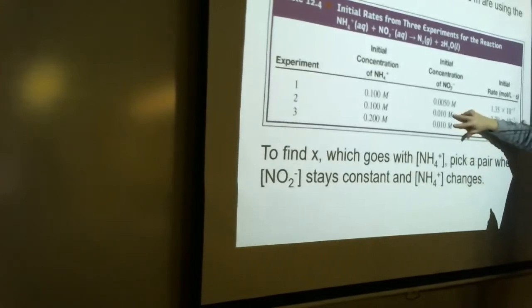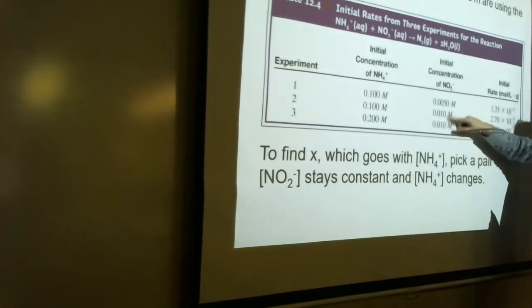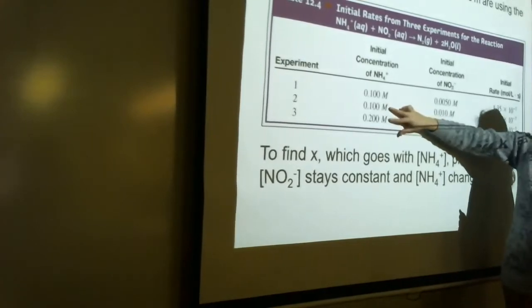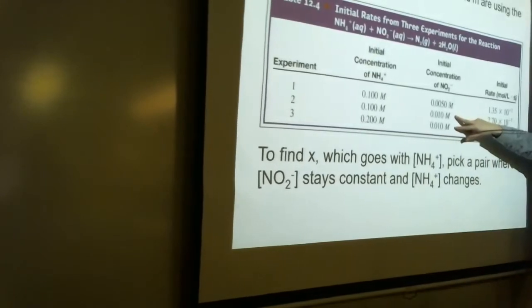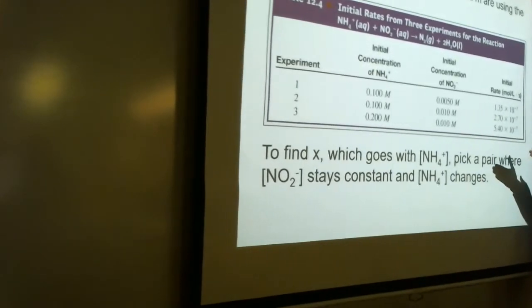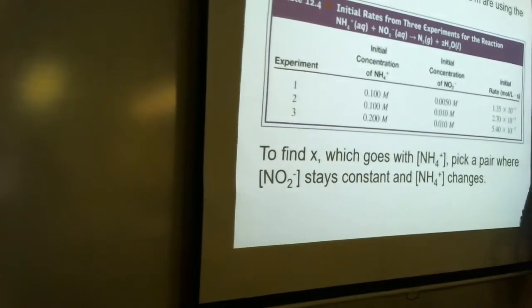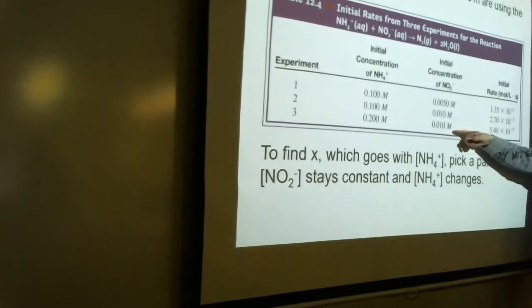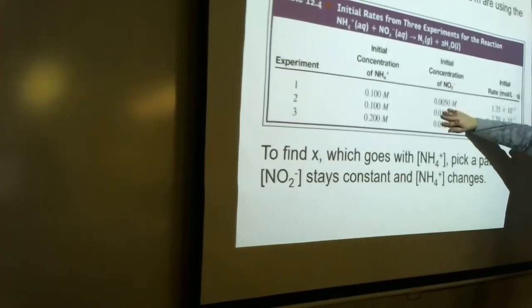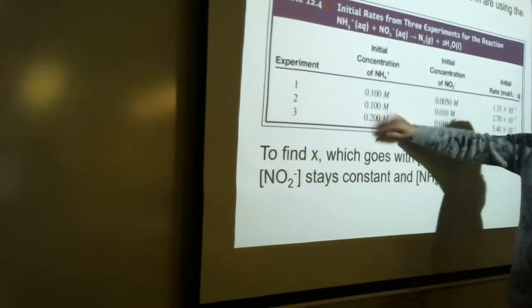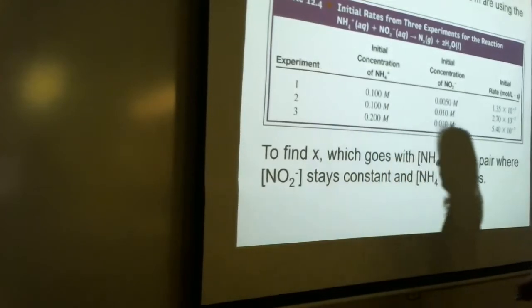If I pick this pair, these two are not changing, these two are changing, all right? Does everyone see why we picked trials 2 and trial 3? Because we have to have one of them not change so that this over this is 1, right? So we want to have one pair not change, one substance not change, one substance does change, okay?